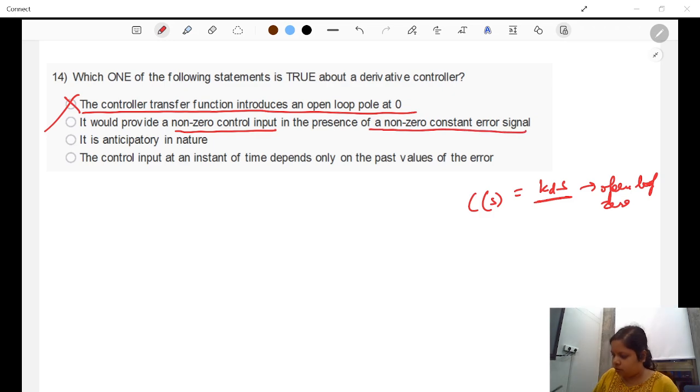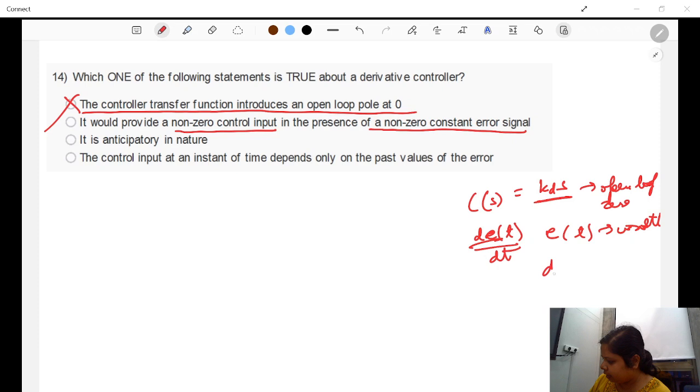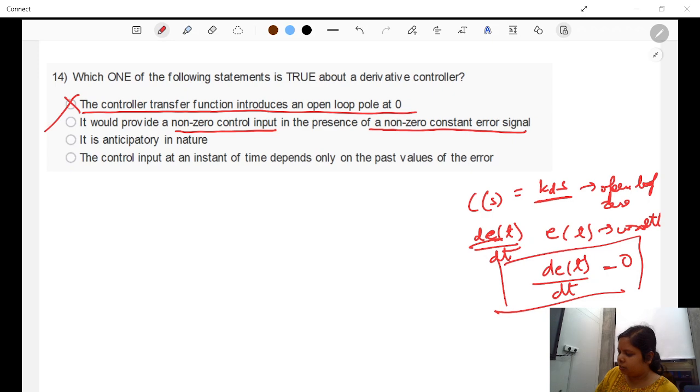No, it would not, because it takes the derivative of the error. If there is a non-zero constant error signal, then it would provide a zero control input, because if e(t) is constant, de by dt would be 0. So it would be zero control input, and it says non-zero control input. Then this statement is also wrong.